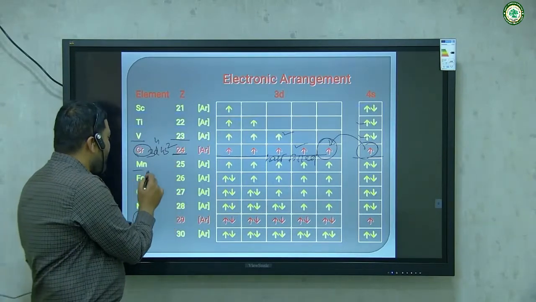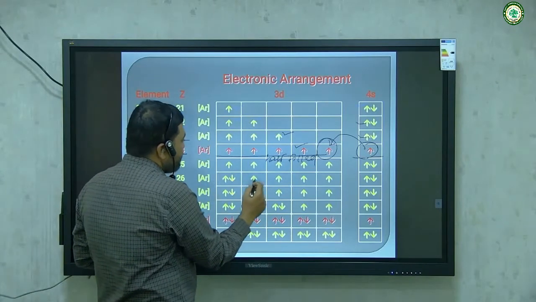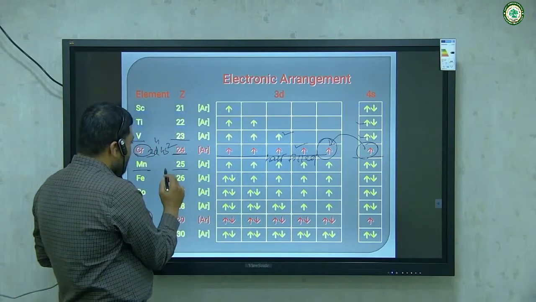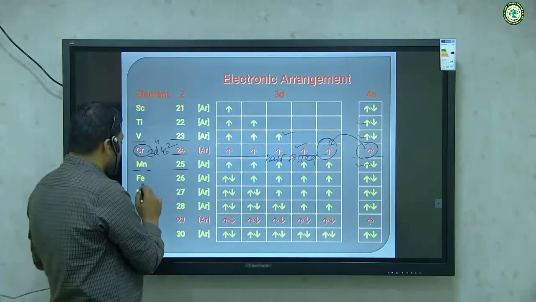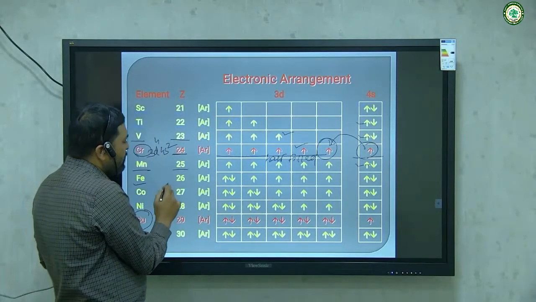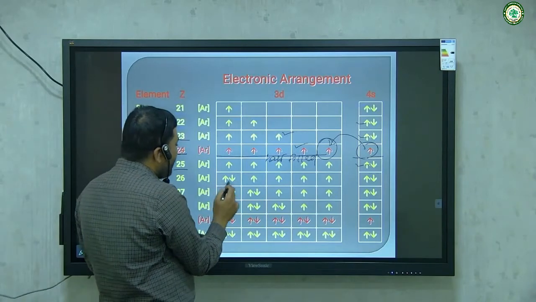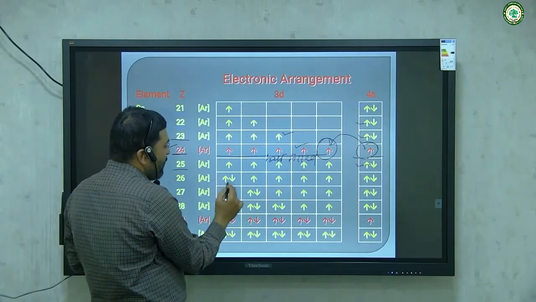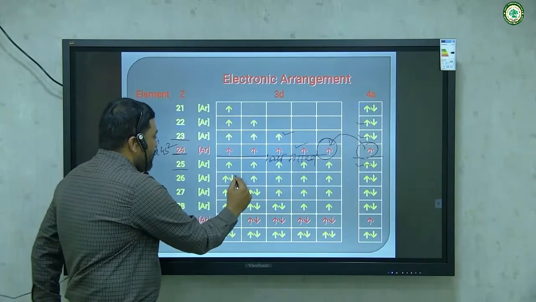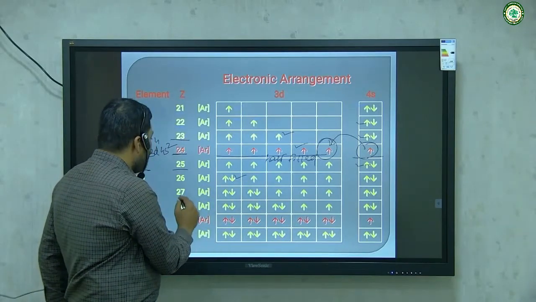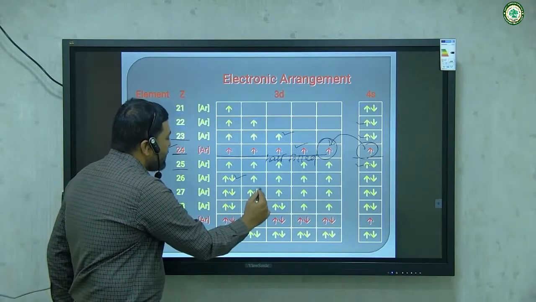In case of manganese, 3d5 and 4s2 is there. In case of iron, the electronic configuration is 3d6. Therefore, pairing starts here, 3d6 pairing. In case of cobalt, 3d7.